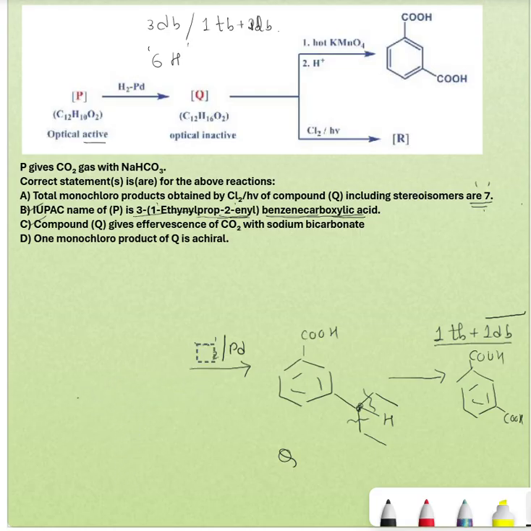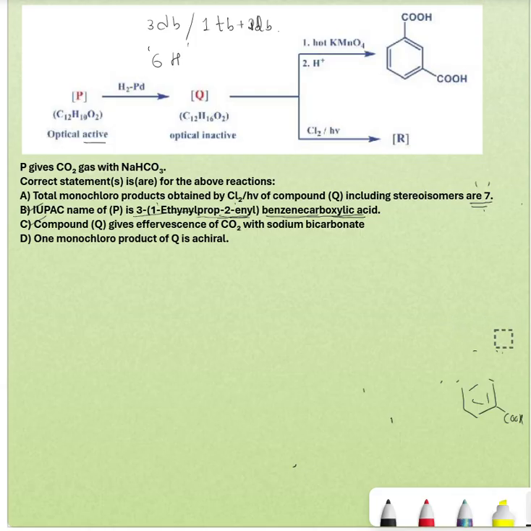Depending on the types of hydrogen, the products obtained will be different. They are saying it will form total isomers of 7. Okay, so that means it's going to take lots of time, but no problem. You can practice; once you get used to solving such questions, in the exam you can easily get the answer.